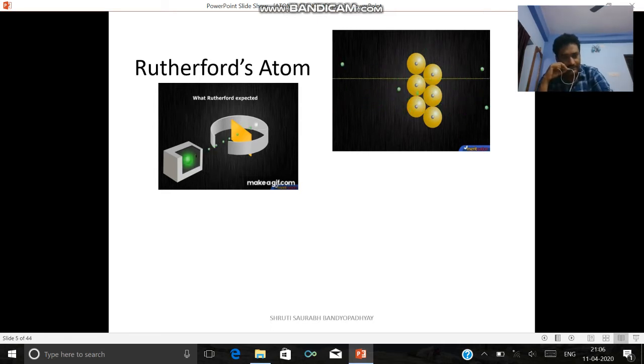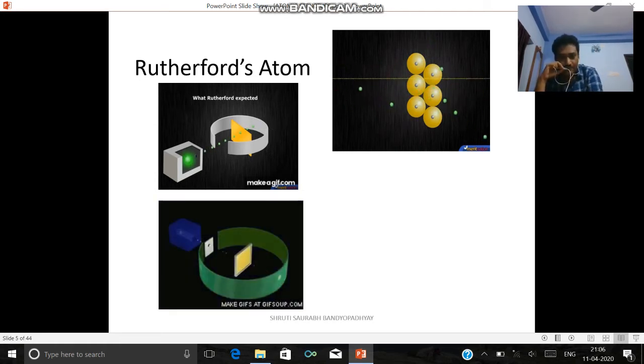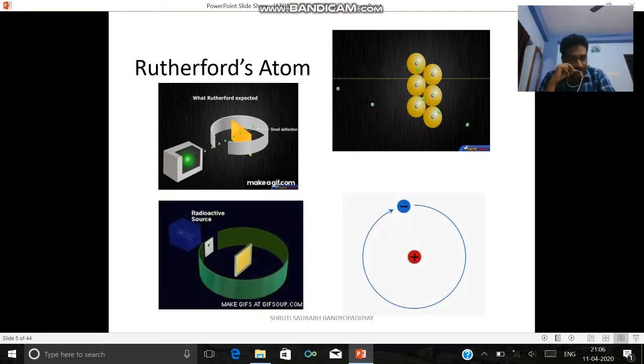And this encounter took place only once in 20,000. So this proved that the core is very small in dimension compared to the atom's dimension. Thus the existence of positively charged nucleus was proved.